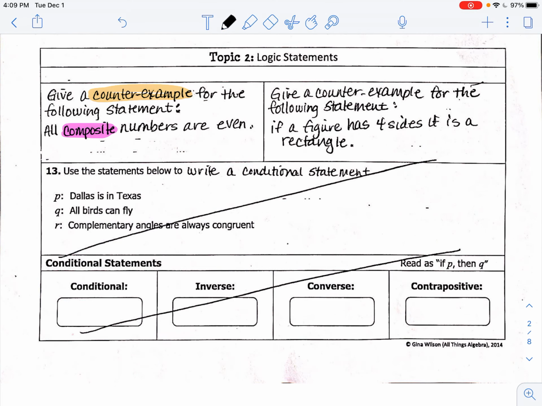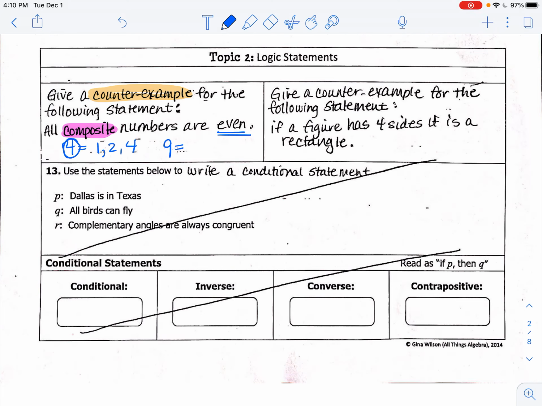So let me give you an example. 4 is a composite number. Its factors are 1, 2, and 4, because 1 times 4 is 4 and 2 times 2 is 4. Well, but this is an even number. That doesn't disprove it, so I'm going to need to come up with something else. How about 9?